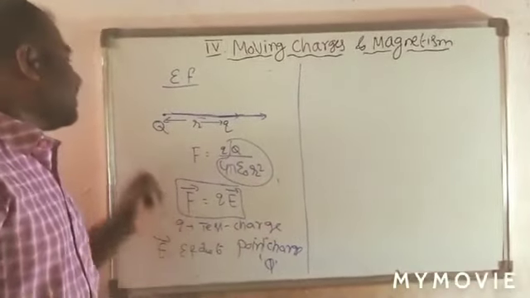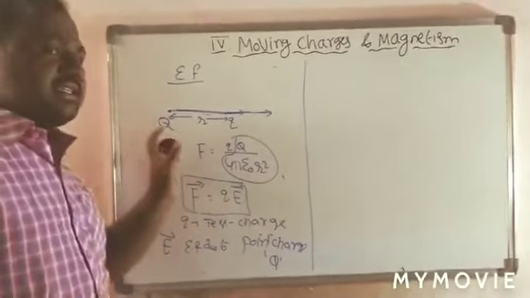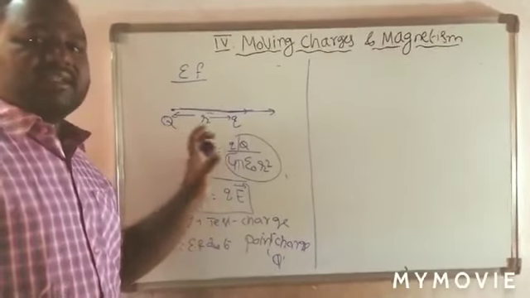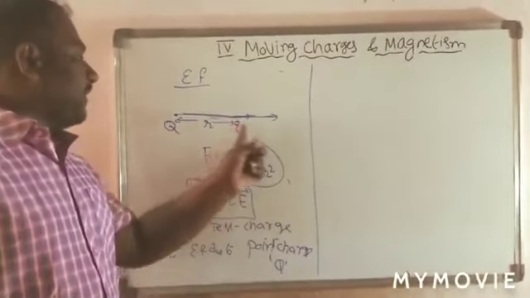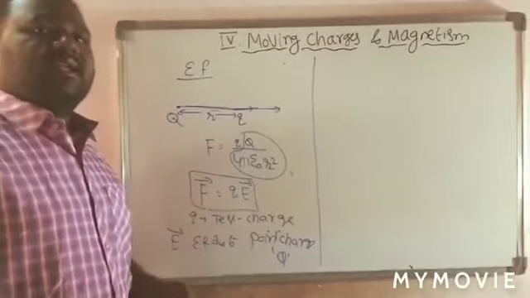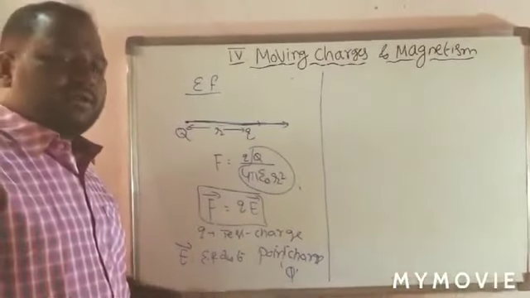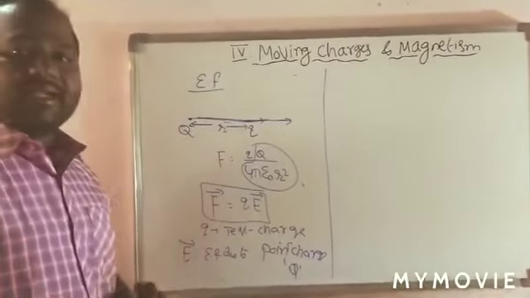Electric force is produced when the charge is stationary. In that stationary electric field, when we place a test charge, the test charge always experiences a force. That force is known as the electric force.